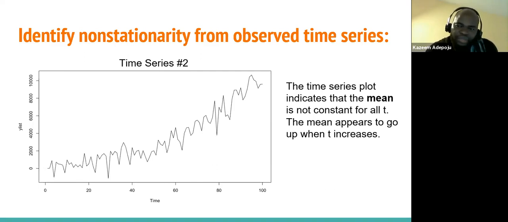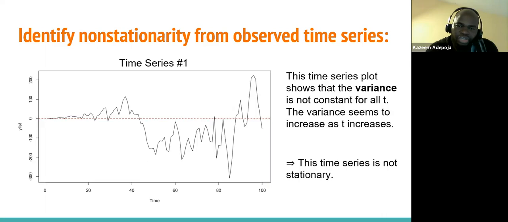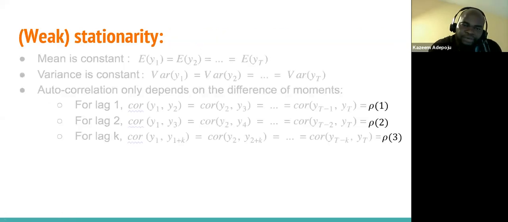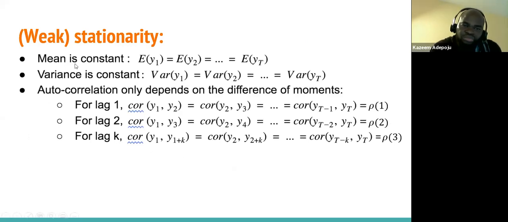Let me take you back. If you take a look at what I have here, you're going to see that what is changing is the variance. If I want to make a decision on stationarity, if there's any violation of either of these, then there's a non-stationarity problem. I'm going to say that again.